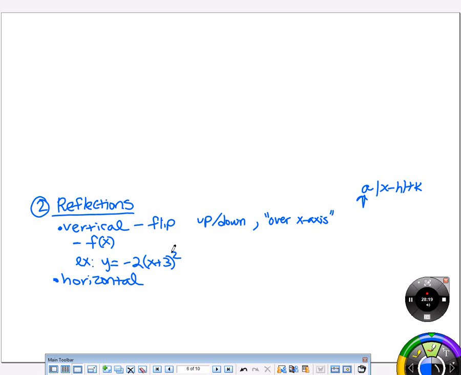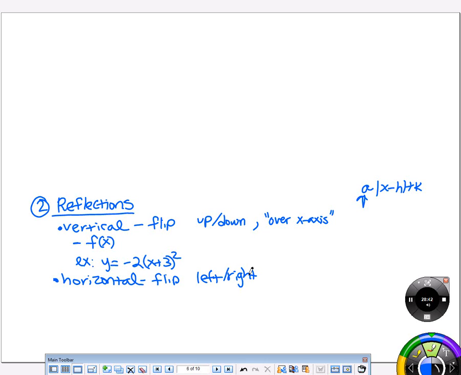Okay. What do you think is going to cause a horizontal reflection or flip, which means it goes kind of from left to right? So the stuff that was on the left side ends up on the right side, and vice versa. Where did we see the horizontal stuff happen before? Look back at what we wrote down about translations.